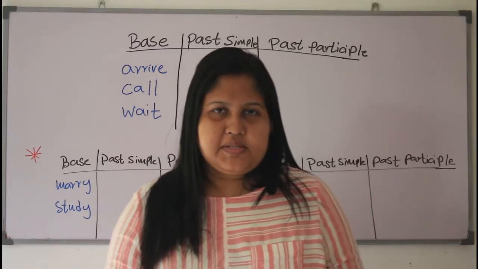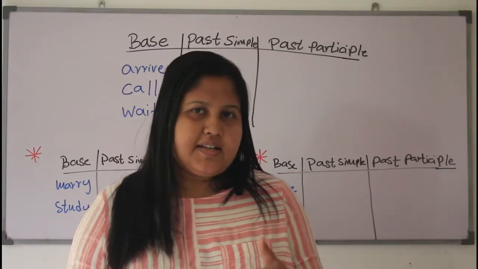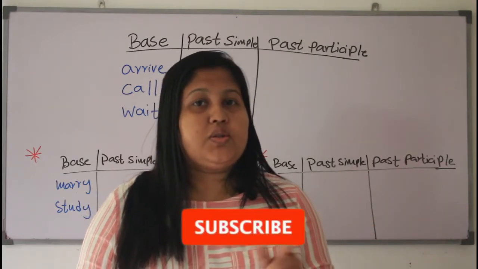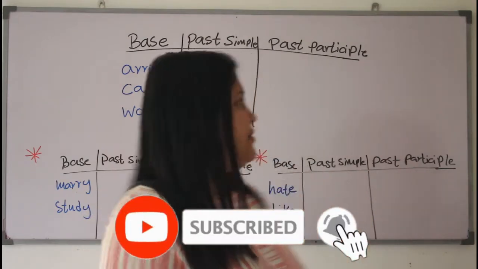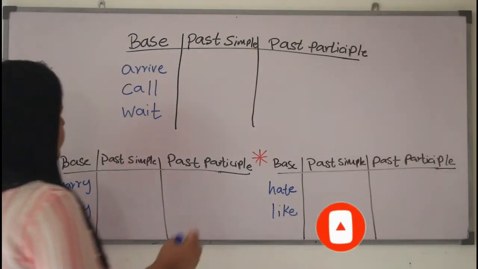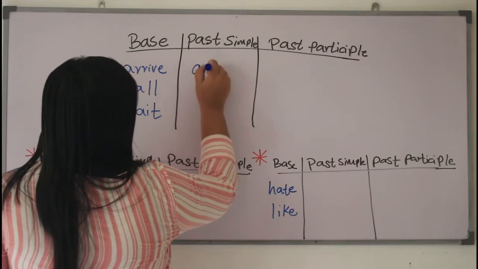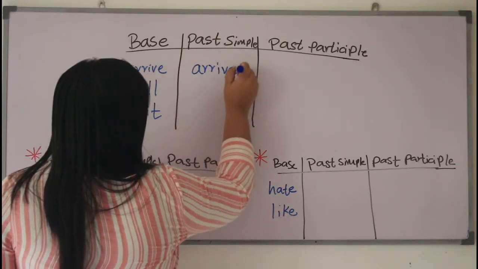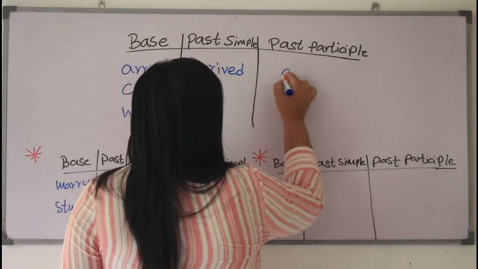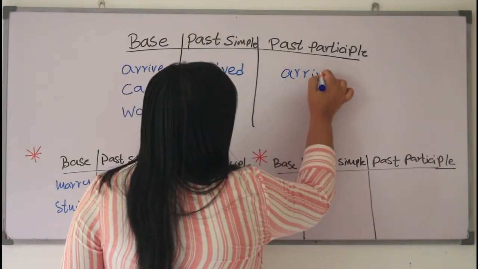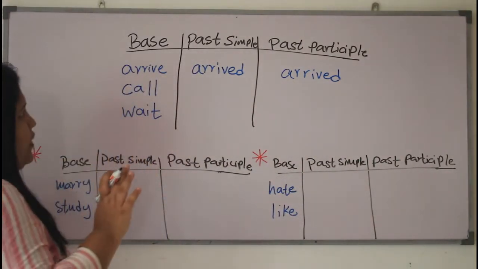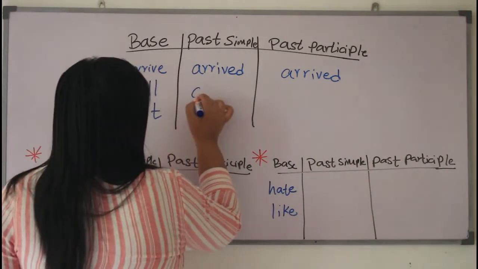What are regular verbs? Regular verbs in English create the past simple and past participle by adding ed to the base form. As examples, arrive is the base form and past simple form is arrived. Past participle form also arrived. Call is the base form and past simple form is called.